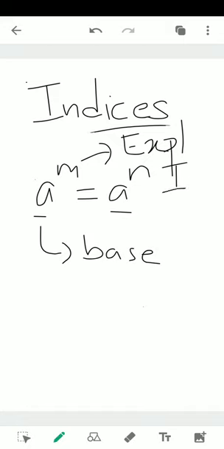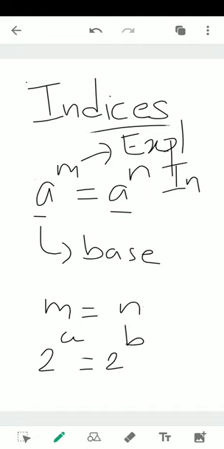So if I have a to the power m equals a to the power n, that is bases are same, then I can say m will be equal to n. Something like if I have 2 to the power a and 2 to the power b, then I can say a is equal to b. So this was just a revision of what we have done in our lower classes.